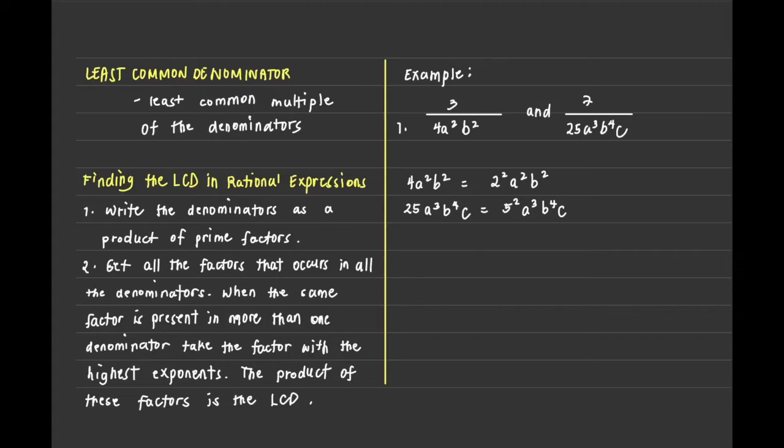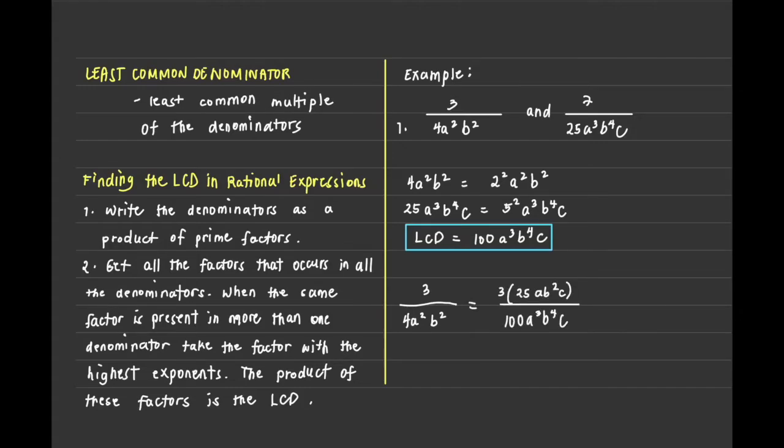We have the LCD equal to 100a cubed b raised to 4 c. Let's also try getting the equivalent rational expression of the given by using the LCD. For 3 over 4a squared b squared, we have the equivalent expression. For 7 over 25a cubed b raised to 4 c, we have its equivalent expression.